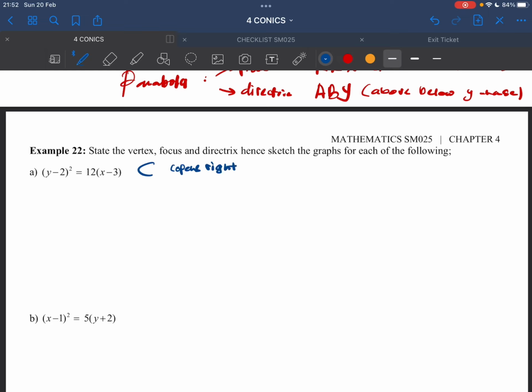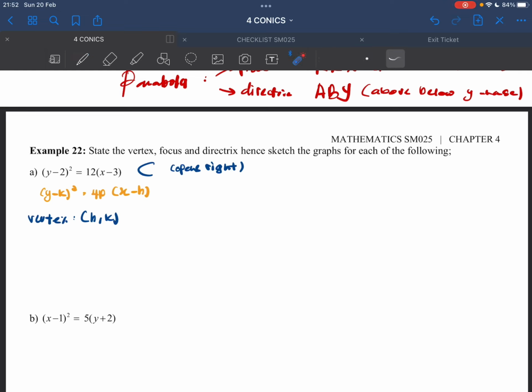Okay, so now let's compare with the standard equation, which is y minus k square equals 4p times x minus h. From that equation itself, we can know the vertex and also the value of p. But remember, the vertex is (h, k).